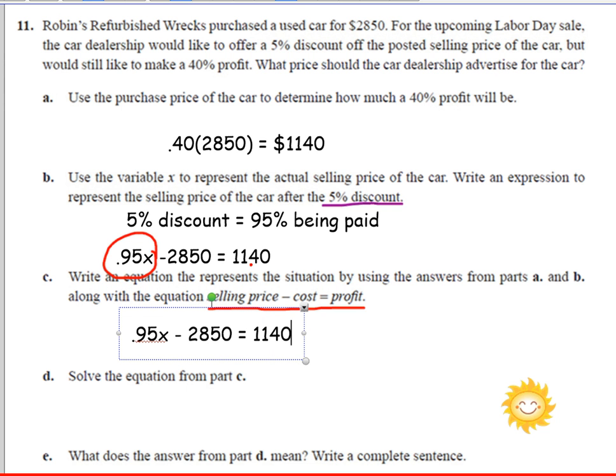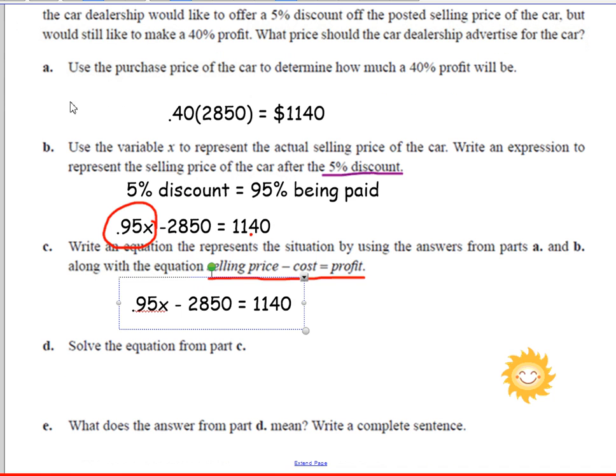And so now we have to solve it. So this is a fairly easy equation to solve. We just have two steps to do.